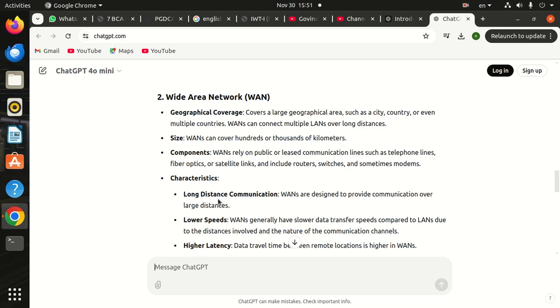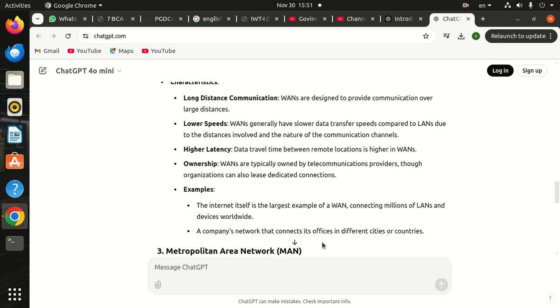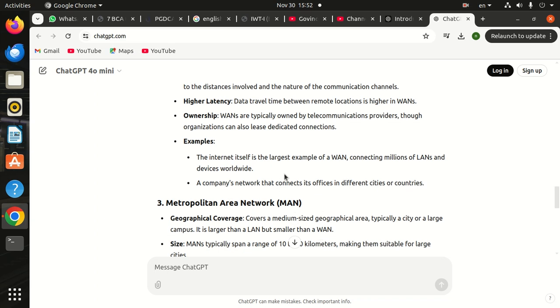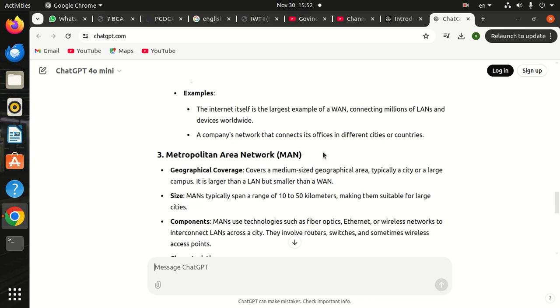Characteristics: long distance communication, so it provides communication over large distances. Lower speed, so it can have slower data transfer speed. Higher latency, so the data travel time between remote locations is higher in a WAN. Ownership: WANs are typically owned by telecommunication providers, though an organization can also lease a dedicated connection. For example, the internet itself is the largest example of a WAN, or a company network that connects its offices, right?